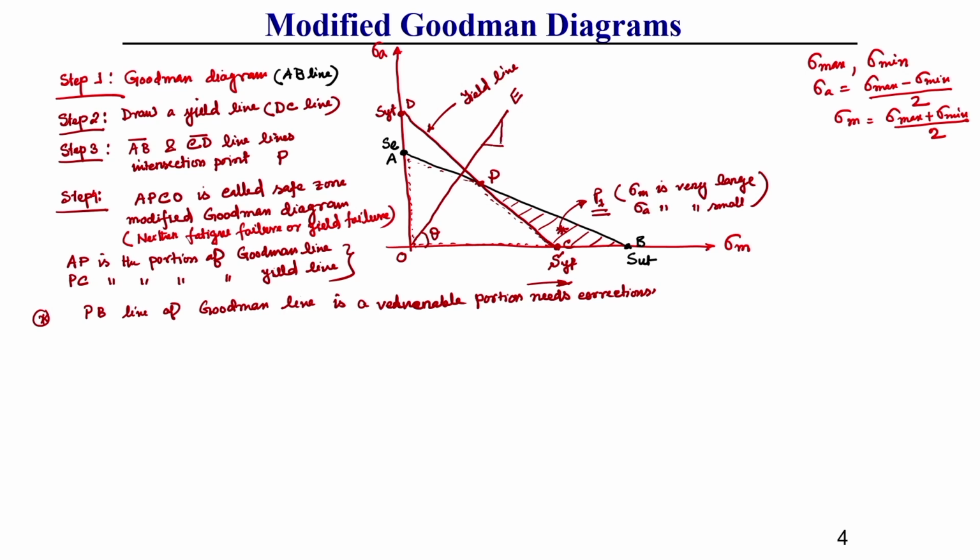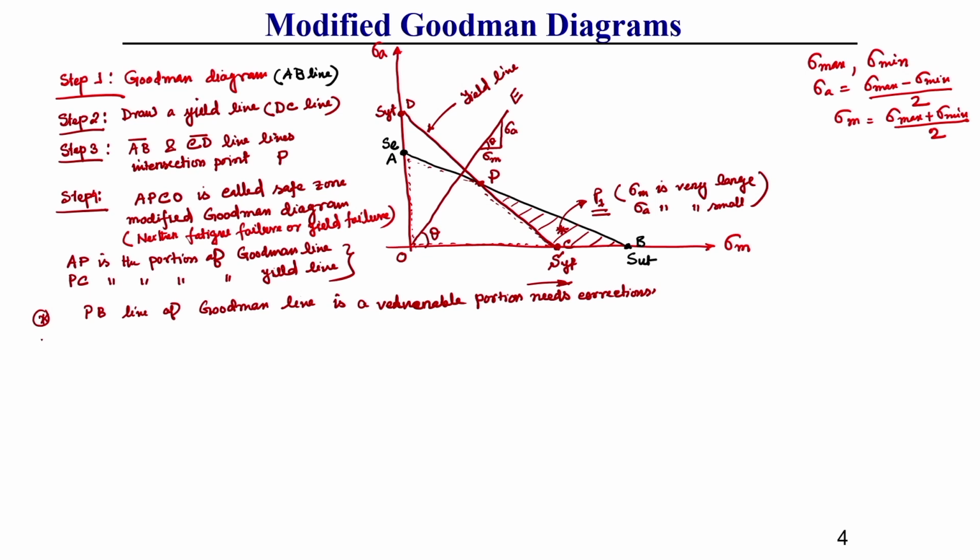What should be tan theta? You can write tan theta as sigma A by sigma m.